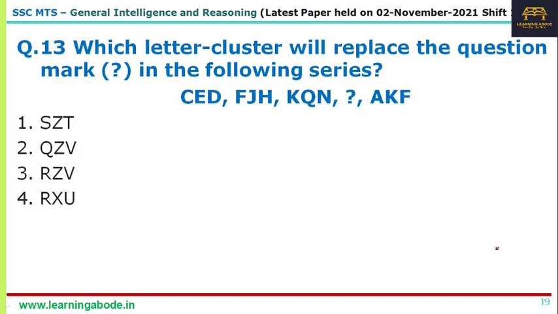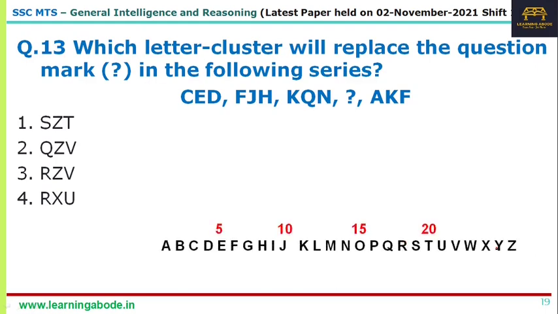Now question number 13, alphabet sequence based, like a missing series. Very easy to predict. You're going in increasing order, that is visible. Let me number the letters. We have 3, 5, 4, then 6, 10 and 8. Then we have 11, 17 and 14. Then we have to find the missing one. Then we have 1, 11 and 6.